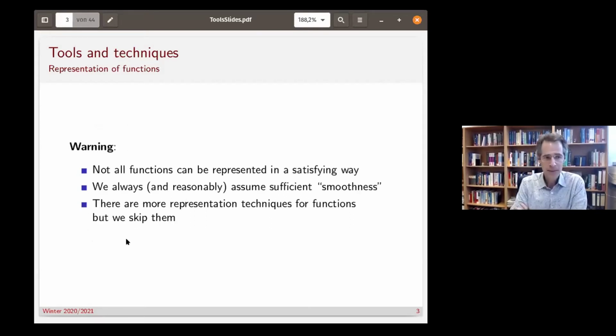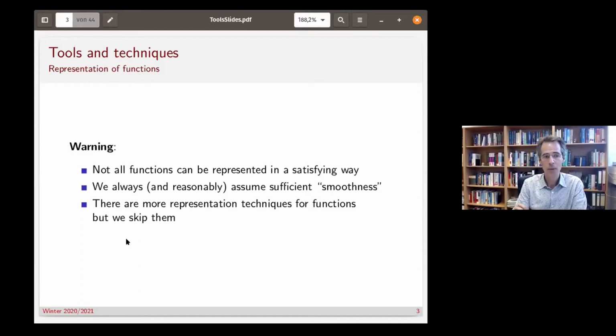Little warning, it's not the case that any kind of function can be represented in a satisfying way in a computer. So all these approximation methods, and what we are going to do are approximation methods, are only approximations. And the approximation can be better or worse. And it could very well happen that there's a certain function which we cannot approximate in a satisfying way.